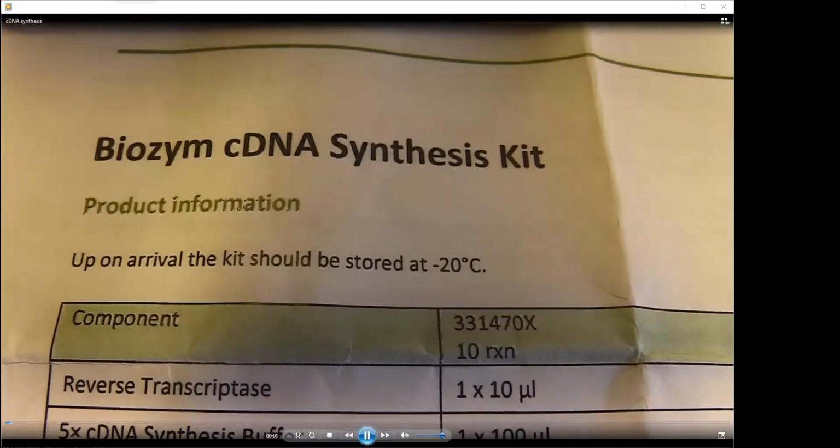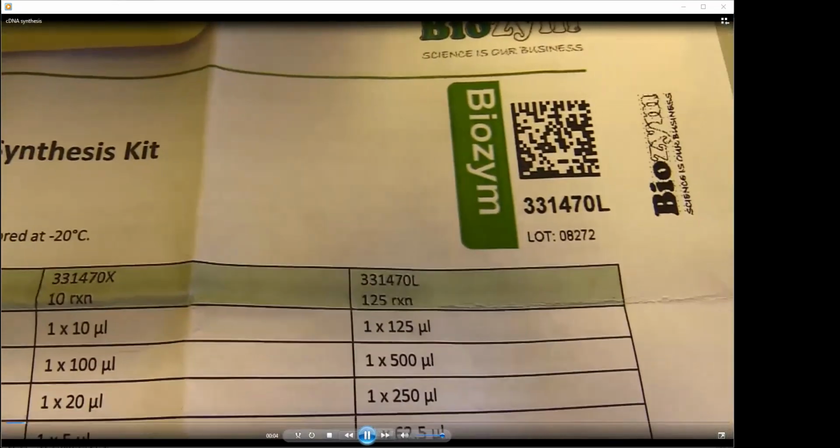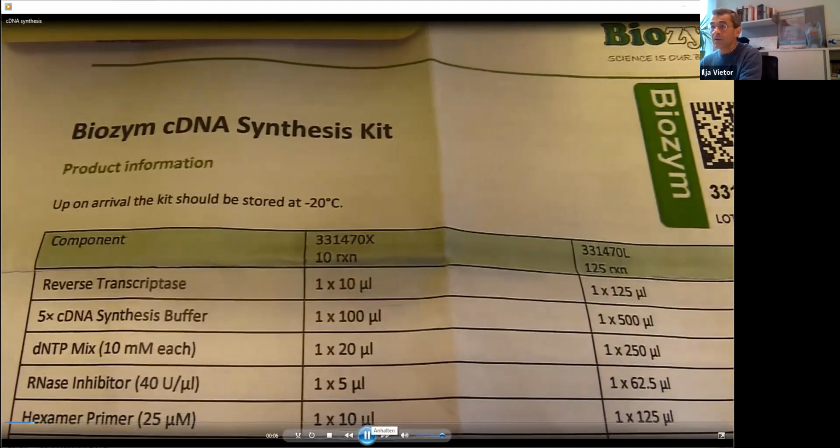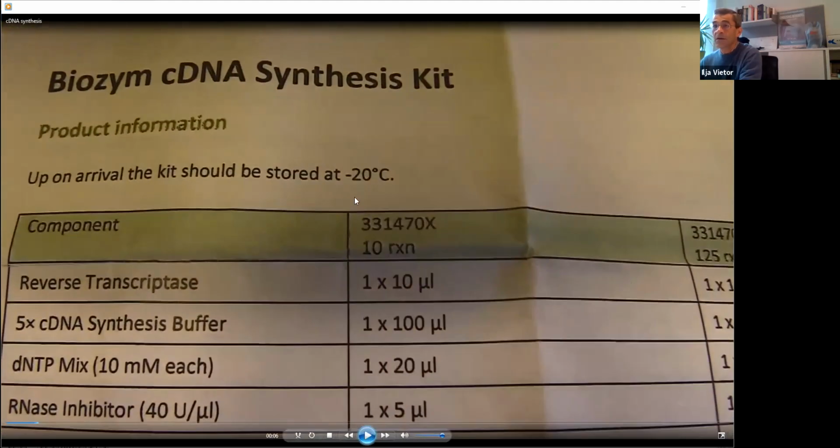The next step is the synthesis of cDNA, once again using a kit. Important is not the manufacturer, but what the components of the kit are. The most important one is the reverse transcriptase enzyme. Then you get buffers.